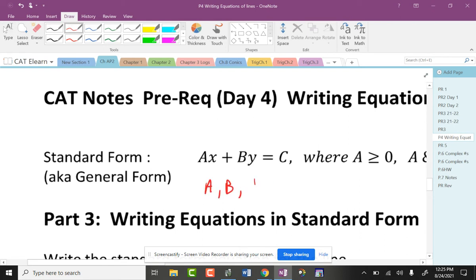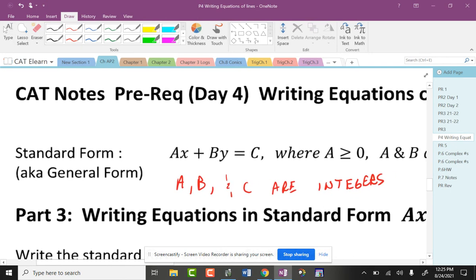So I'll write that here just to shorthand it. Are integers. So it's just a different form of an equation of a line. We actually could go to the previous questions and then just convert it into standard form very simply. And that's what's going to happen in these new examples.